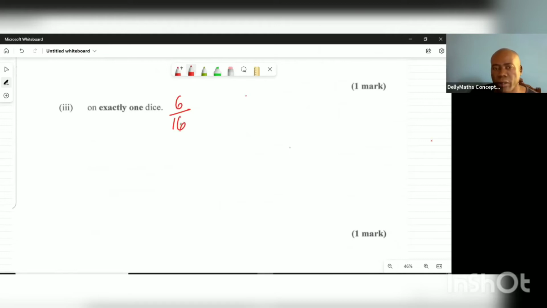If you're going to work this out by an alternate route, or maybe the question was set and never had a sample space, an alternate route to get that answer is this. Remember, we're just getting 1. That means if I get a 4 on one die, then on the other die I will not get a 4.